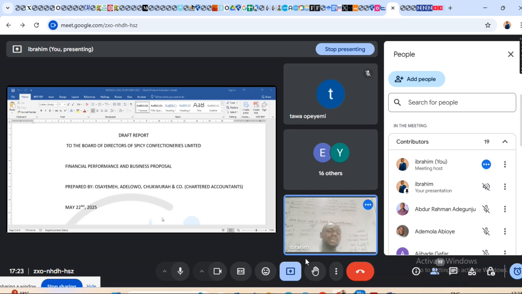Because if a report is an external report and you use the format of an internal report, you are creating the first impression to the examiner that it seems this person did not know what they were doing. How can you use the format of an internal report for an external report? We identified that in our previous lecture.